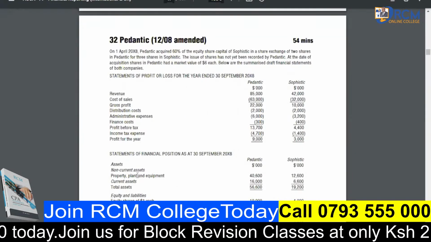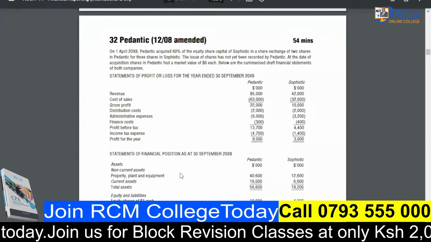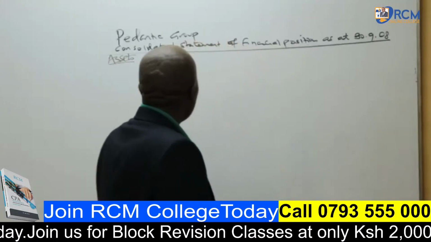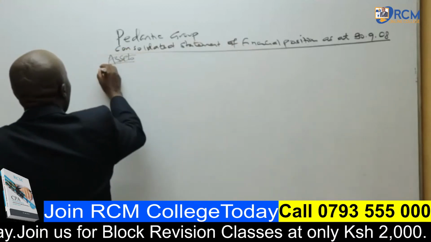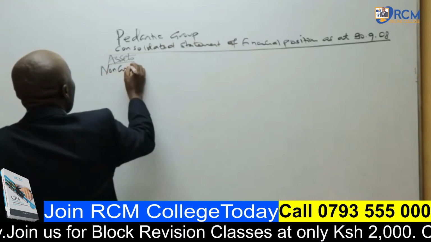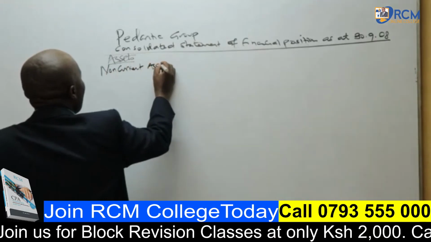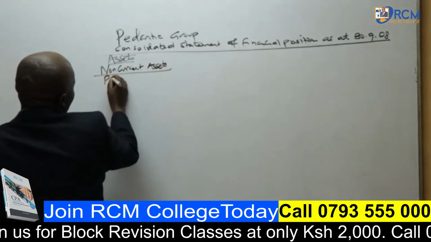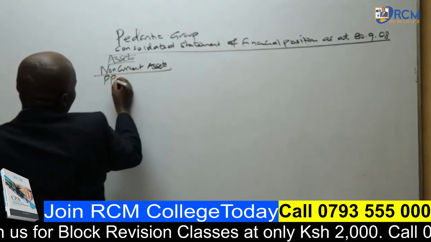So we start with non-current assets. The first one there is property, plant, and equipment.